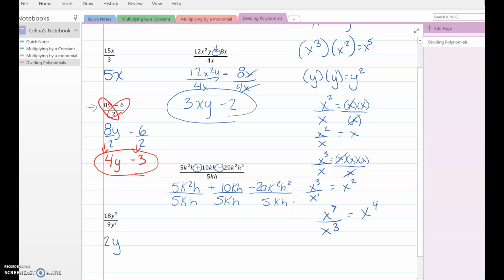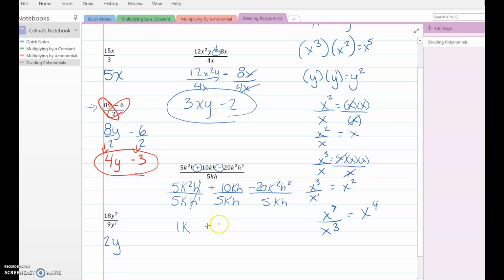All right, 5 divided by 5, we have a 1. K squared over k, so there's 2 on top, 1 on the bottom, 2 take away 1, we're left with a k. H over h, same as saying 1 take away 1, no more left, so there's no more h's to carry down.